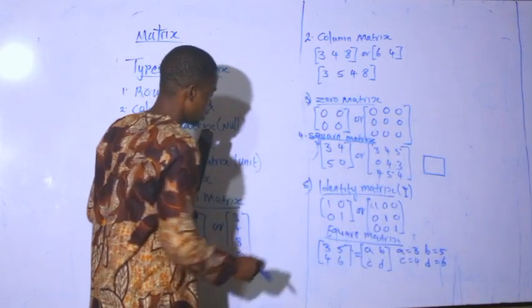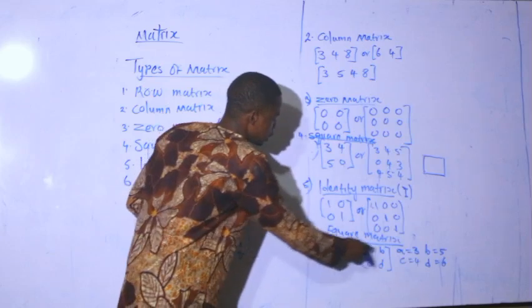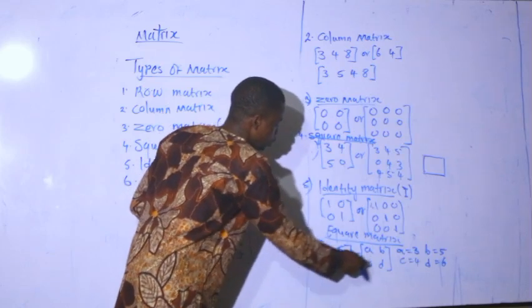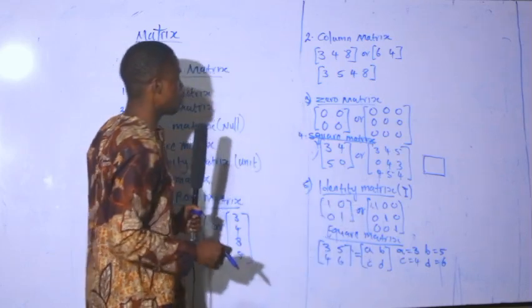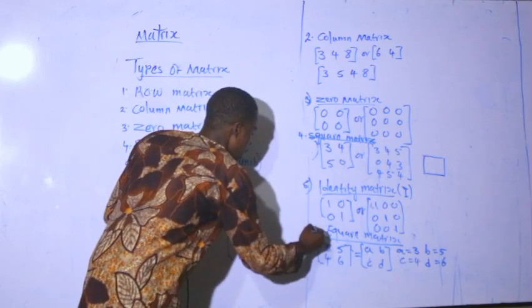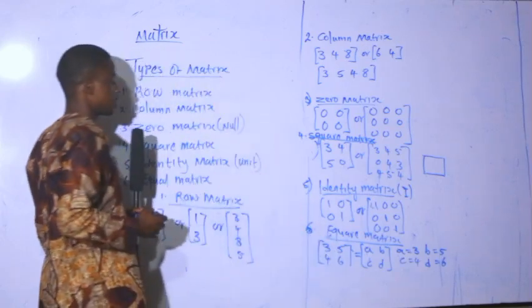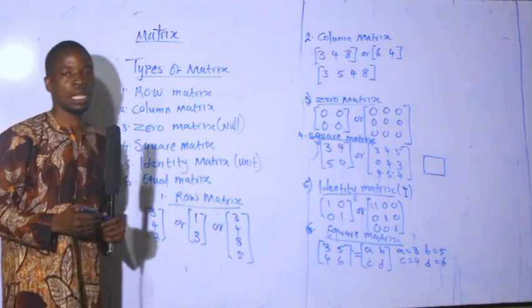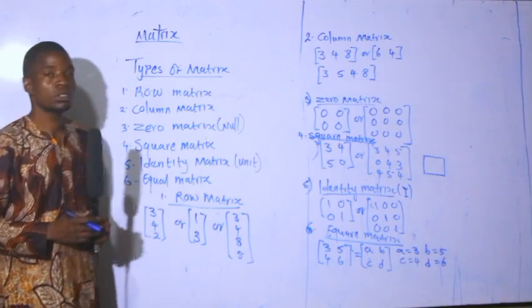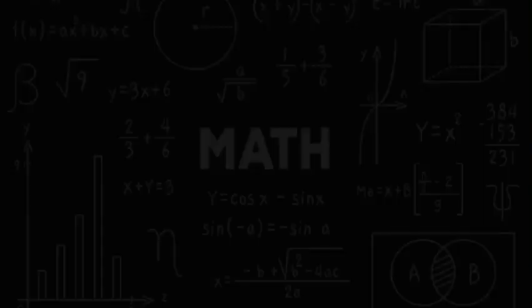This is equal to this, this is equal to this, this is equal to this, this is equal to this. That's what we call number 6, equal matrix. And that's all. Let us move to the next one. Okay, let's go.